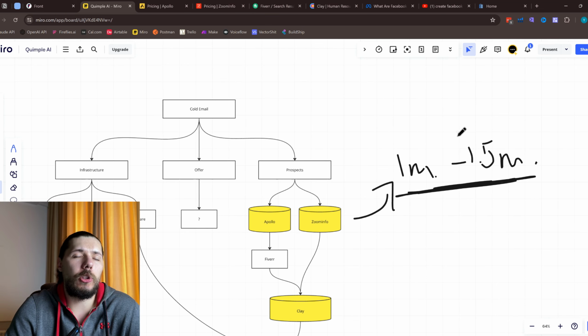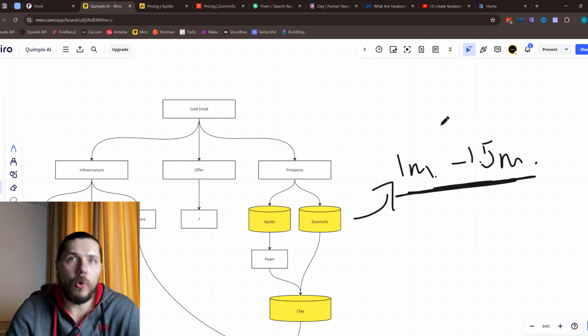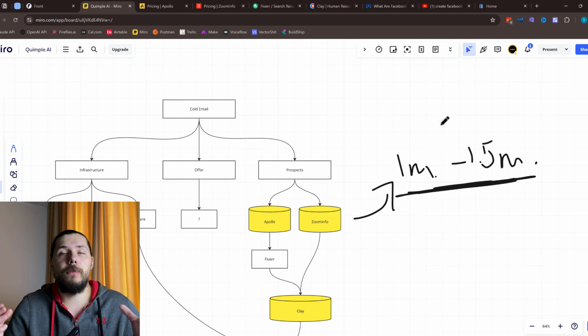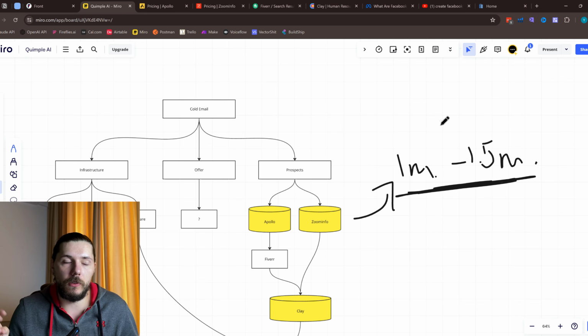I do think that it works really well in the beauty niche, with beauty salon owners, maybe medical practitioners, basically for local businesses and small businesses where the founders or CEOs are maybe running ads themselves.